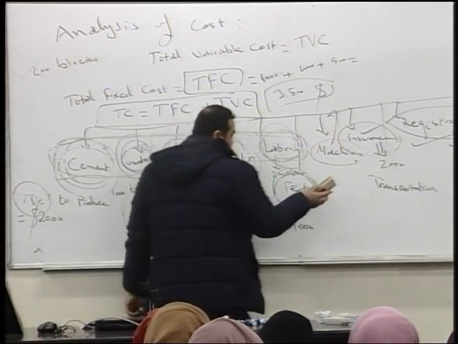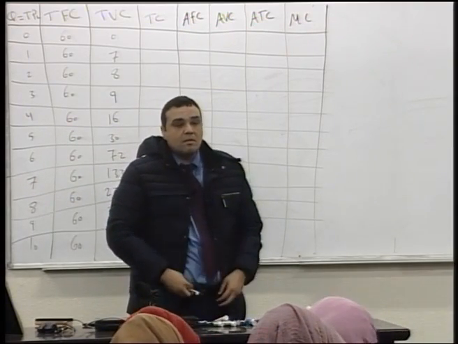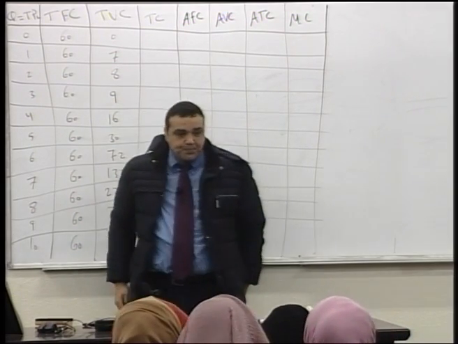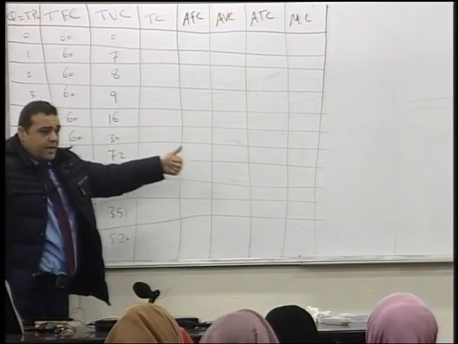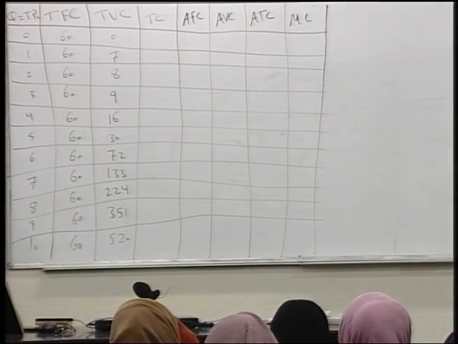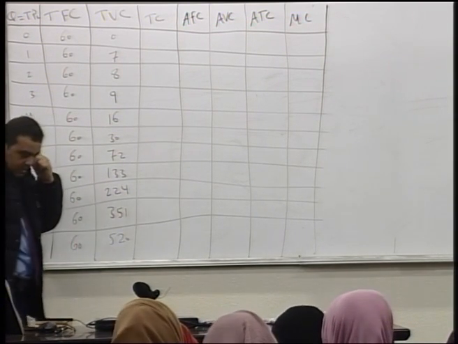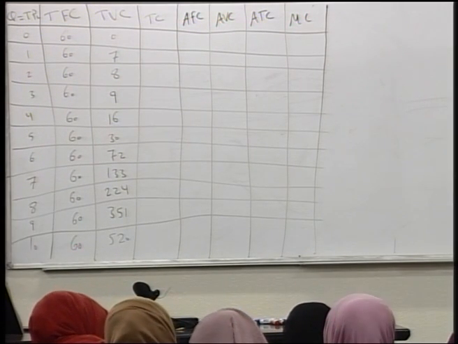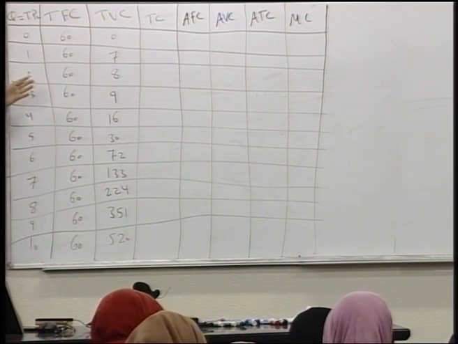Let's go to an example here. Okay, we're going to complete the table here. We have the following data about the company, which produces different quantities. We have the total fixed cost.